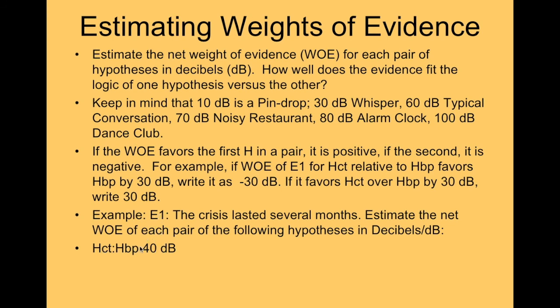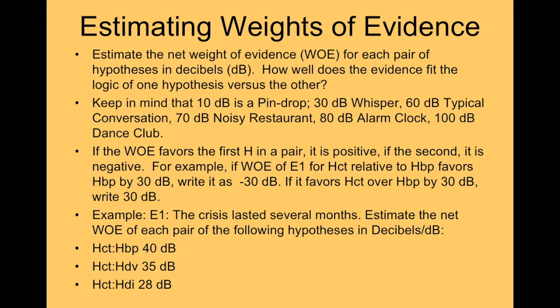If we think a piece of evidence E1 favors the first, we'll report it as positive. And in this case, if we think it favors it by 40 decibels, that's what we will report. Okay? So if we thought this evidence E1 favored the balance of power, we might say negative 10 or negative 20 or negative 30 or 40 decibels, right? So that's simply how I'm asking you to report your estimates, right?